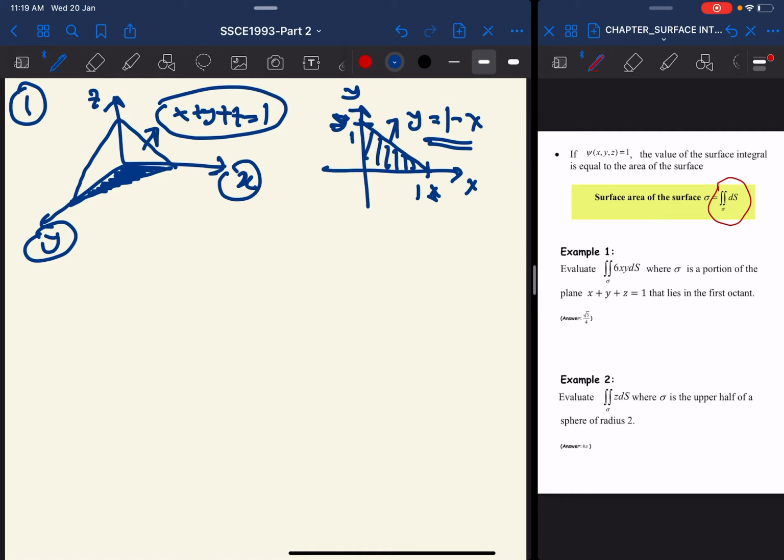Okay, so the basic idea is to refresh on whatever you have learned on multiple integrals. From here you have to get the phi function. We have x plus y plus z equal to 1. We know that z is a function of x and y, so if we make z the subject, you will get z equal to 1 minus x minus y.